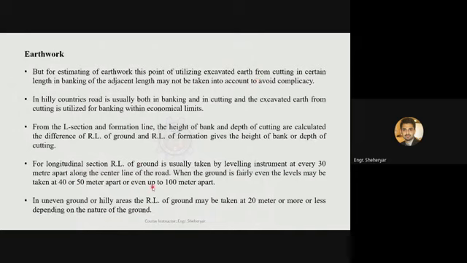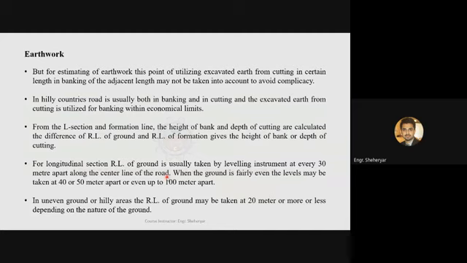Also, during the road survey or the ground survey, in which you normally figure out the profile of the ground, the intervals between the measurement points depend upon the nature of the ground surface.